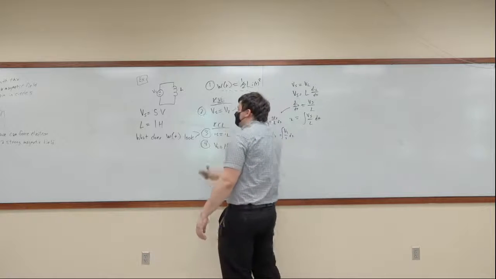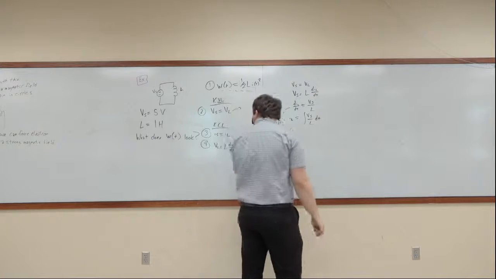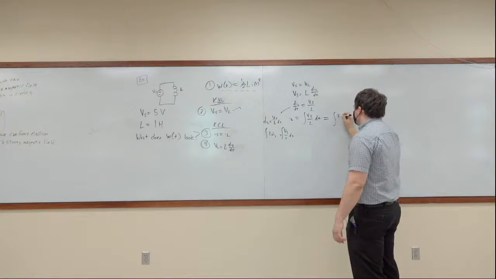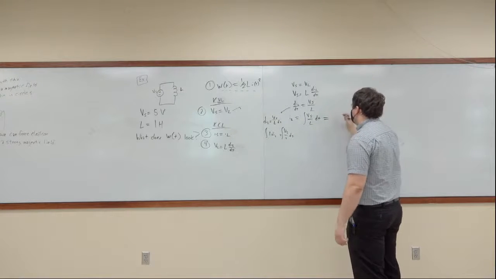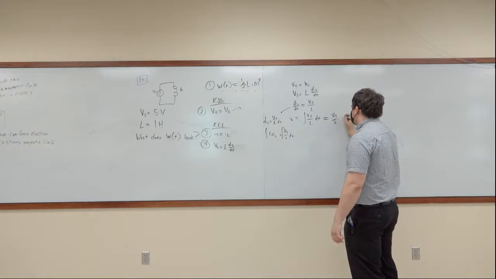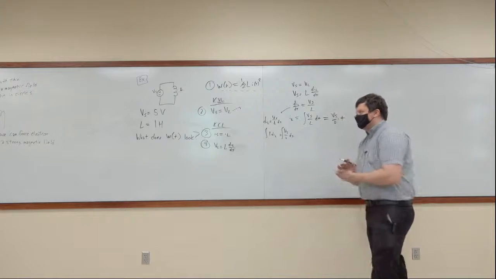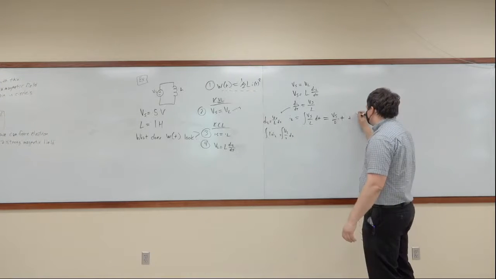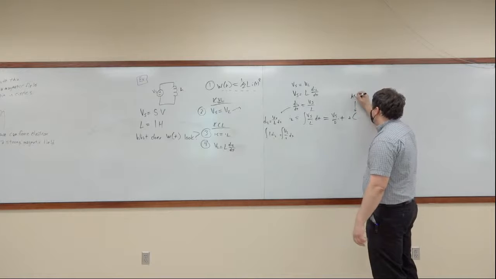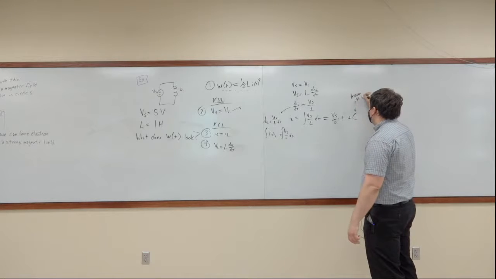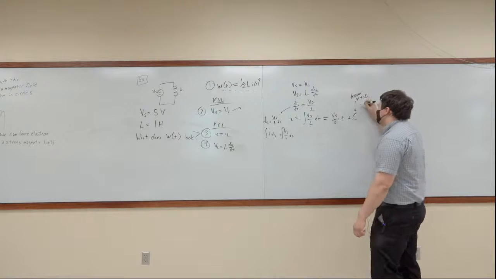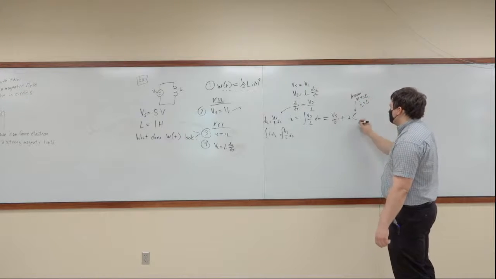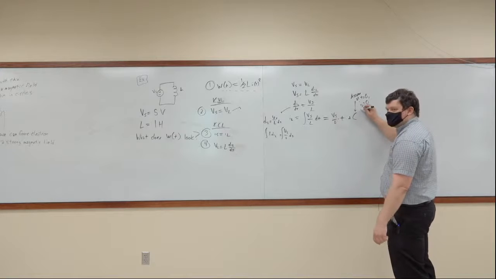Since we know VS is equal to 5 and we know L is equal to 1, we can go ahead and solve this out because this is equal to VS over L times t. We can assume that at time 0, the current through the inductor is equal to 0, which means C is equal to 0.